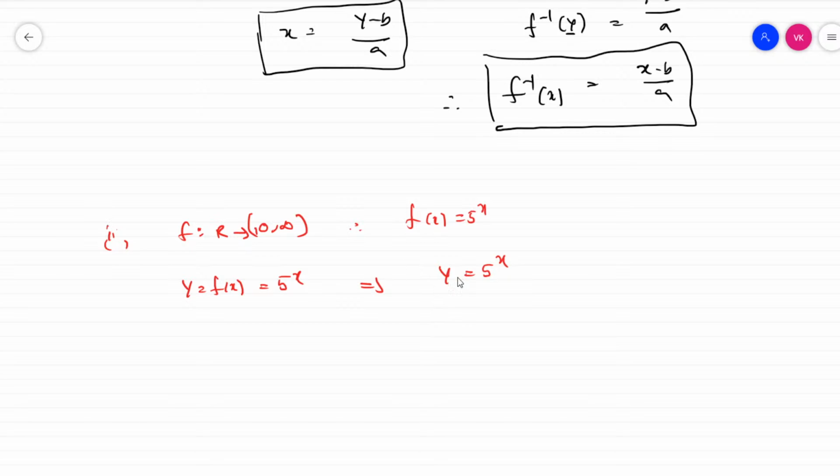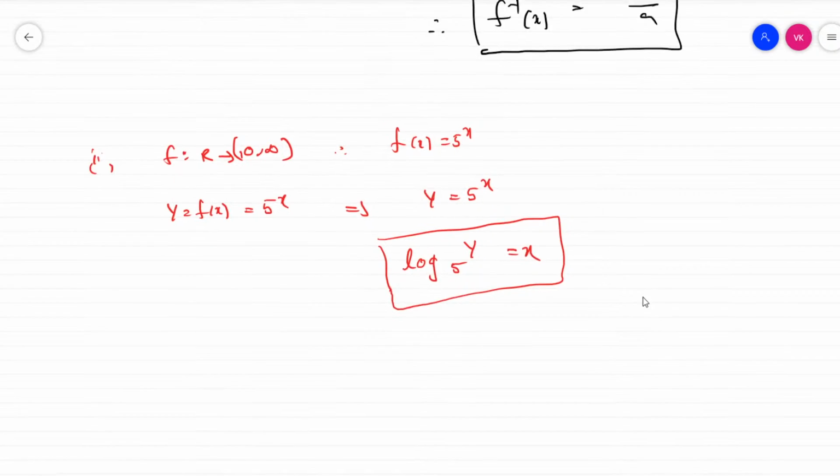We have to find the x value here, then we can apply log directly. So we can write log y base 5 is equal to x. We know that in logarithm form, a power of m is equal to n can be written as log n base a is equal to m. Now go for the solution.